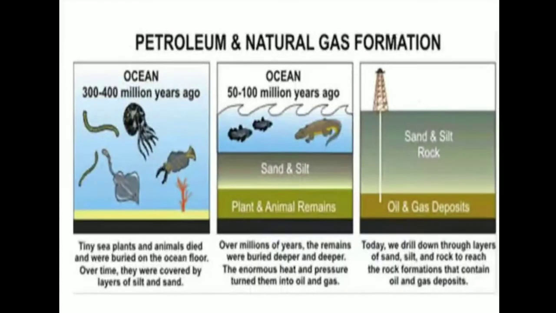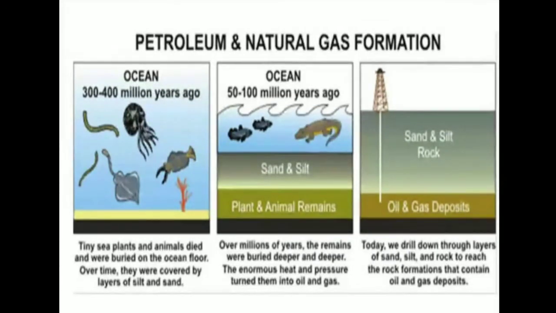Then petroleum and natural gas are formed in a similar way. The formation started around 300 to 400 million years ago. Tiny sea plants as well as animals died and were buried in the ocean floor. As time passed, they were covered with layers of silt and sand.